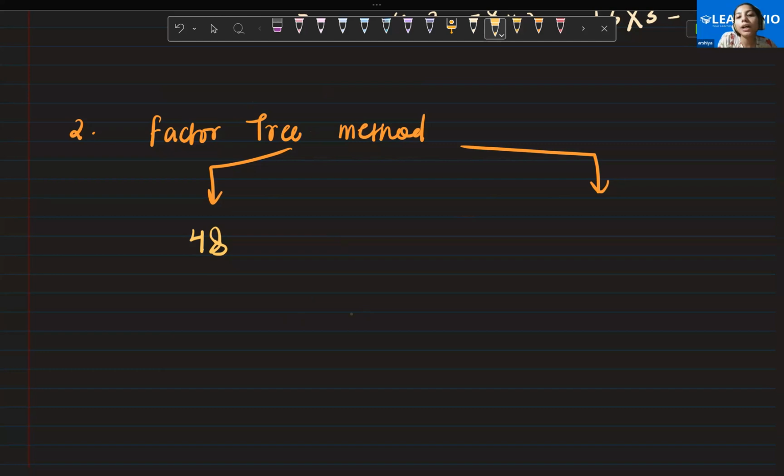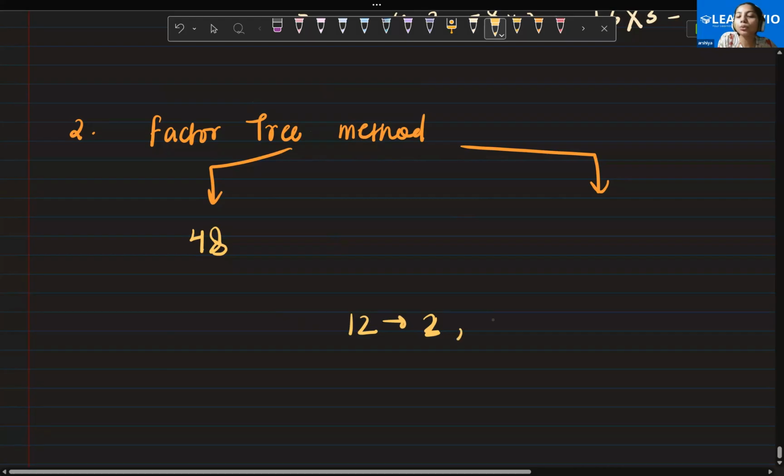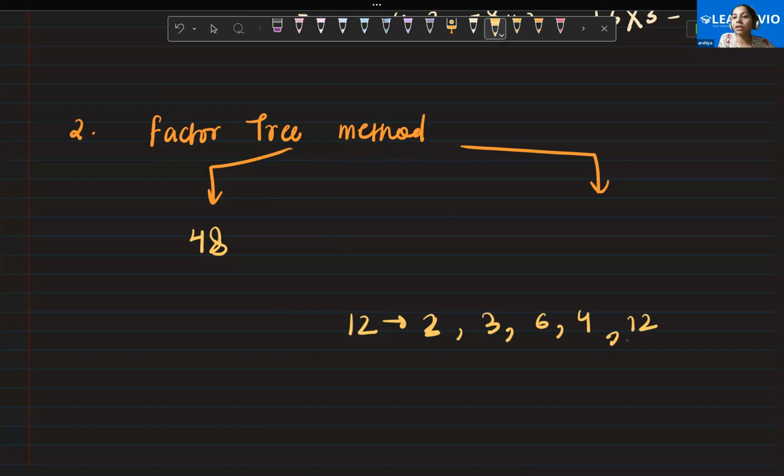So let's say I want to find the factors of 12. The factors of 12 are 2, 3, 6, 4, right? And 12. If I want to form a factor pair with 2, I have to find what I should multiply with 2. I know that 2 sixes are 12. So what is the factor pair? 2 and 6 are factor pairs.